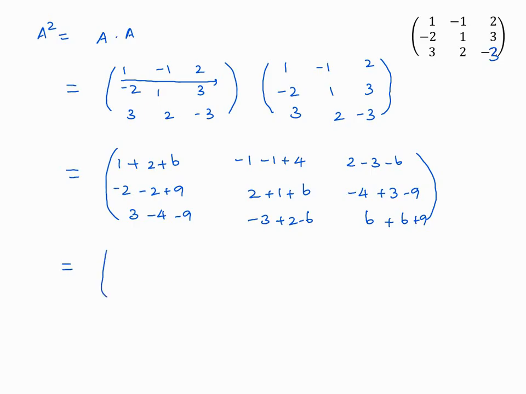You can get 9, 2, -7, 5, 9, -10, -10, -7, 21. So you get A square.